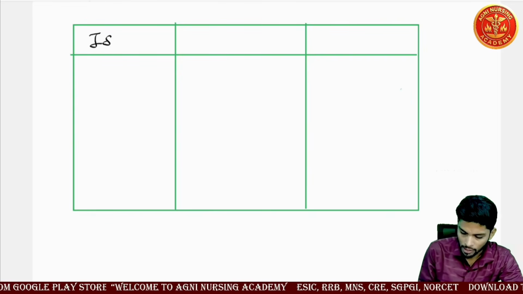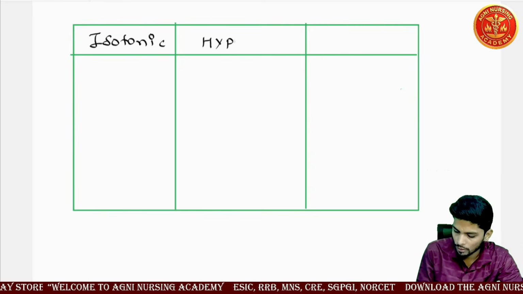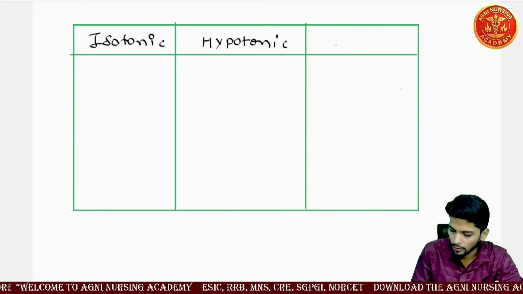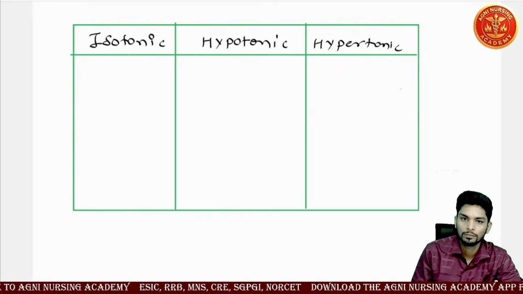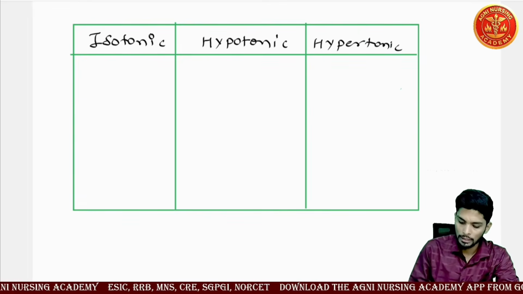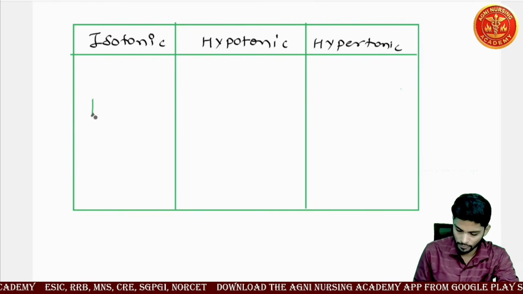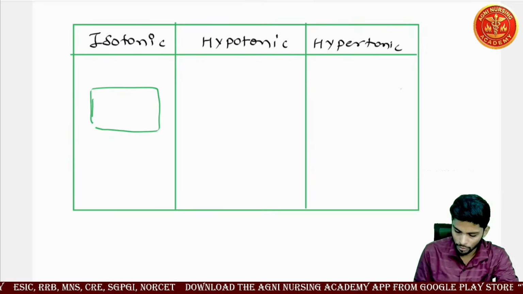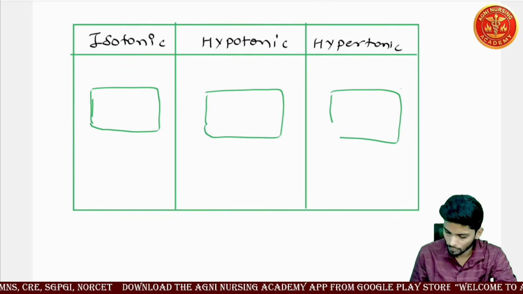First one here, isotonic solution. Second one is hypotonic solution, and third one is hypertonic solution. Let us consider this is one type of solution.